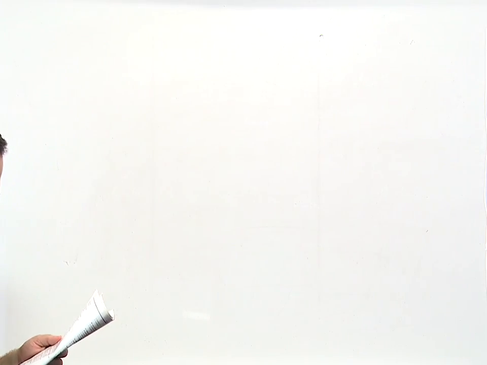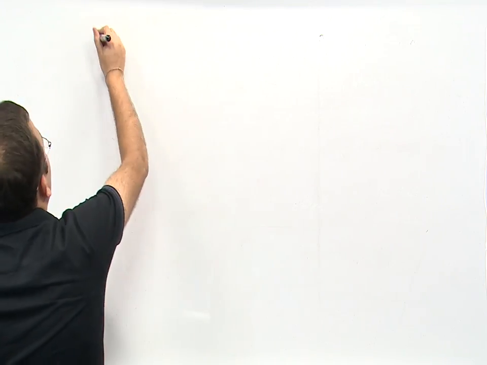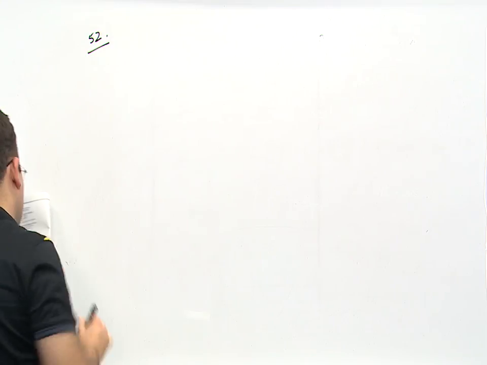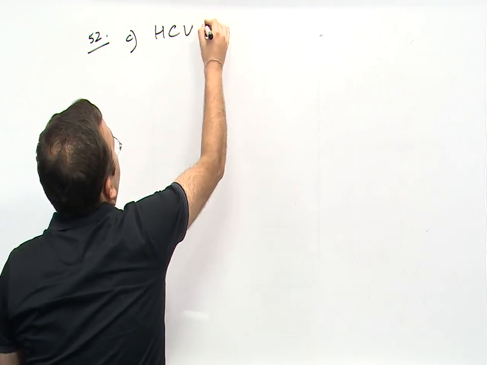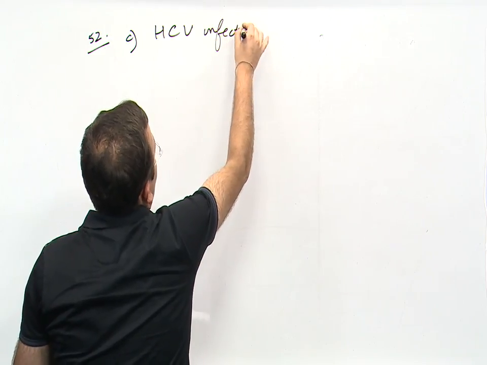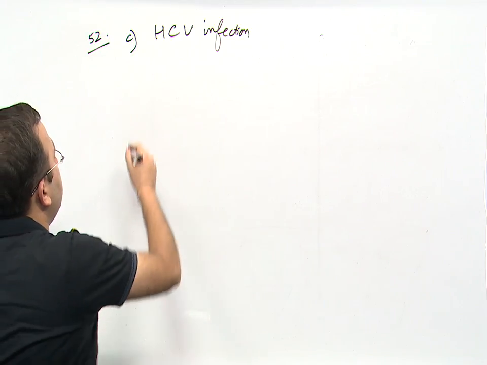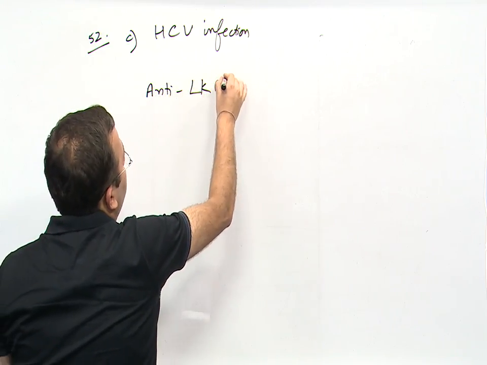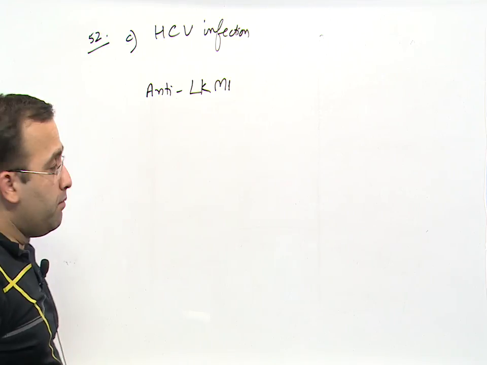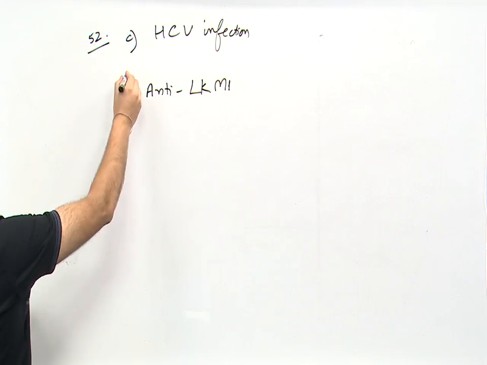This gets us to the next one, question 52. Anti-LKM antibodies are seen in hepatitis C virus infection. LKM stands for liver kidney microsome 1 antibody.